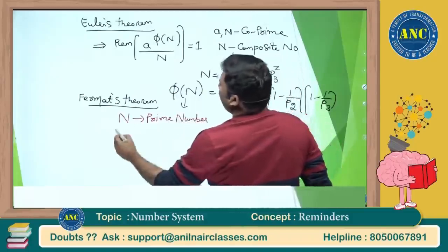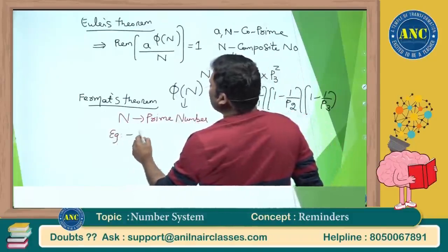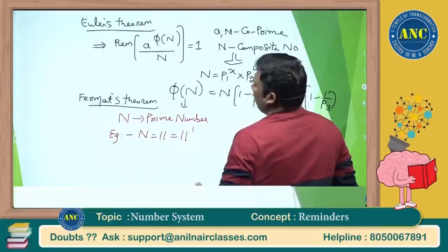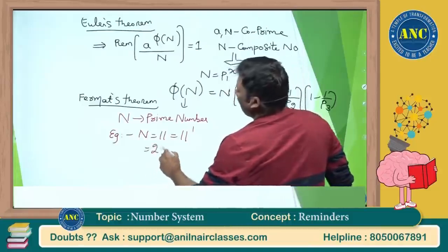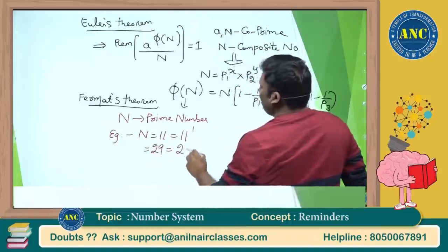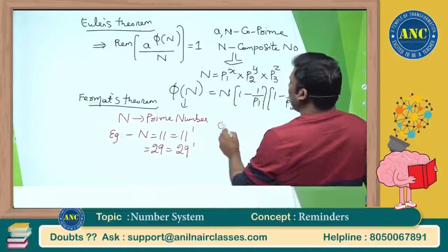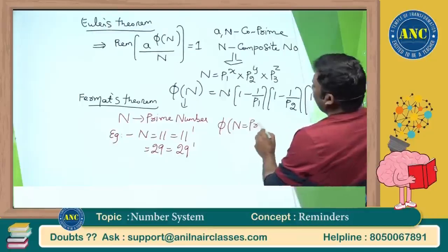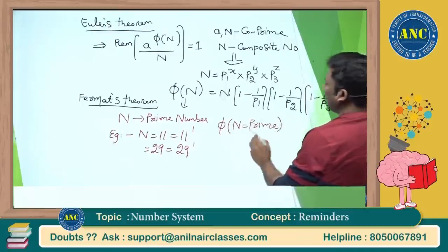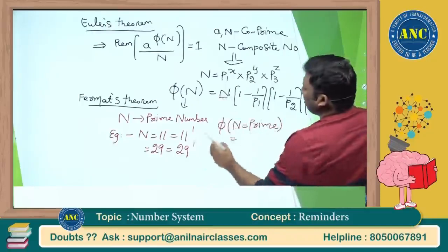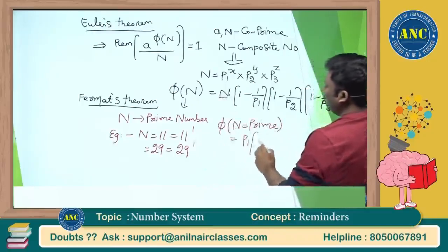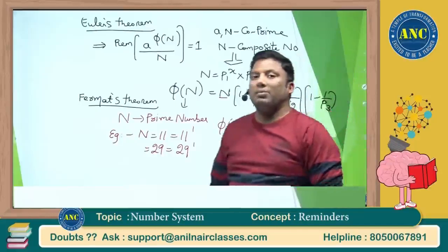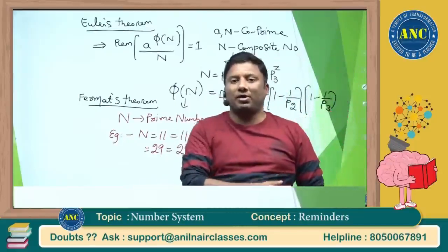If n is 11, this can be written as only 11 power 1. If n is 29, this can be written as 29 power 1. So the quotient of a prime number is nothing but P1 into 1 minus 1 by P1. Any prime number can be written as a singular power of a prime number.